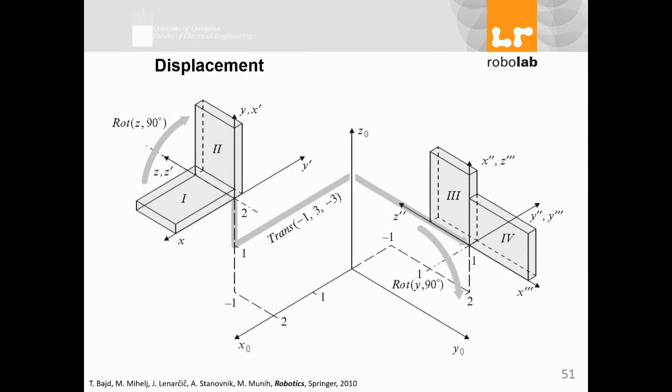We learned how to work with these homogeneous matrices, how to build them up based on rotation and translation, and also through examples how to describe movement in 3D space using homogeneous matrices.